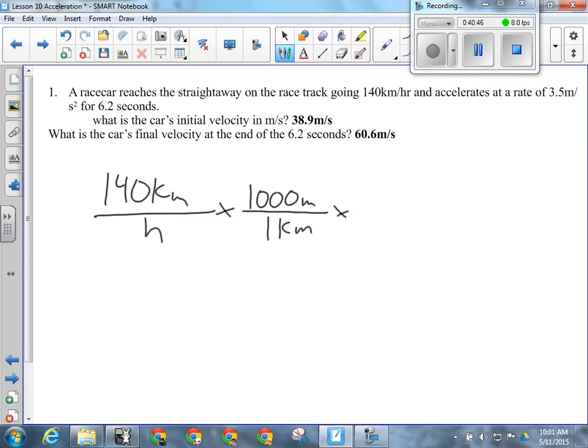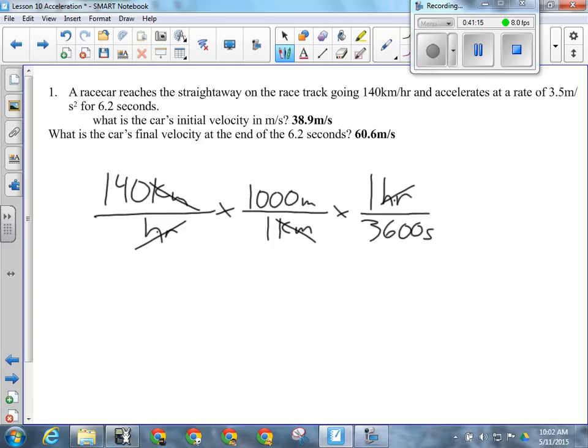So I need to set this up. In 1 hour, there are how many seconds? Everyone wants to say that. It's so ingrained in us, isn't it? It's 3,600 seconds. Again, I've got hours on the top and hours on the bottom, so my hours cancel, my kilometers cancel, and I'm left with 140,000 over 3,600.